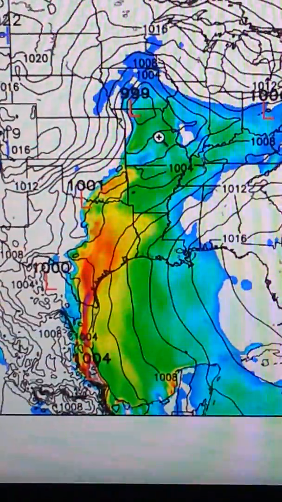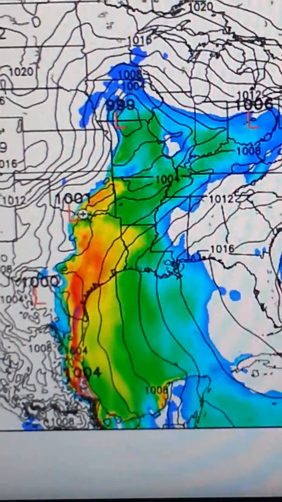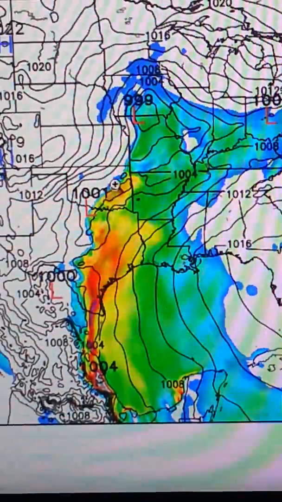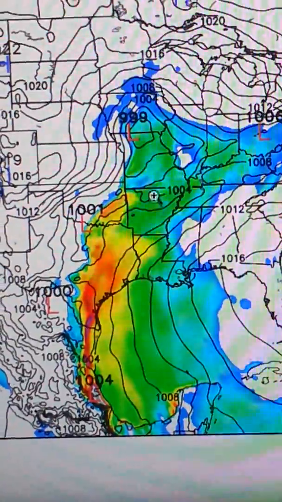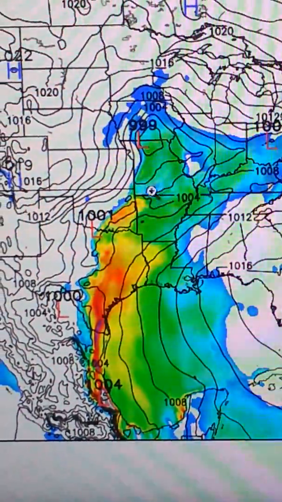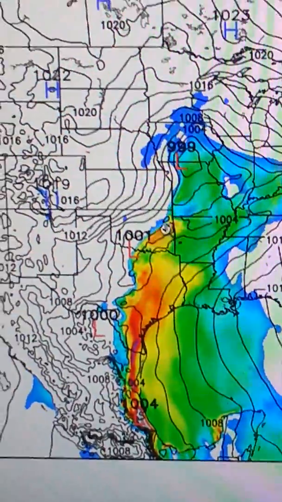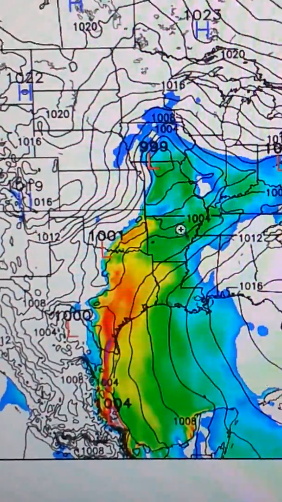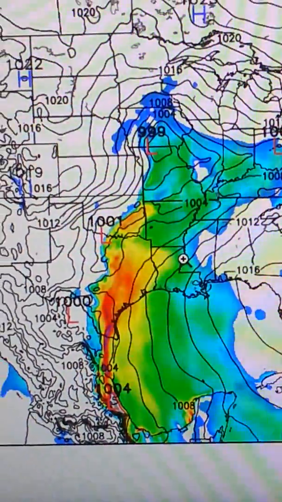I think your large hail threat is going to be most prevalent across central and eastern Texas, eastern Oklahoma, northwestern Louisiana, and then western Arkansas, and maybe into Missouri. But in this general area here, that's where you're going to get the biggest hail. Outside of here, it's going to be less of a big hail threat and more of a damaging wind and tornado threat, actually.